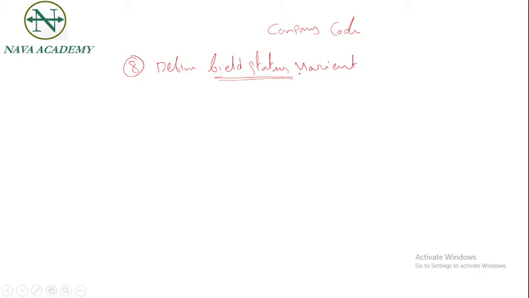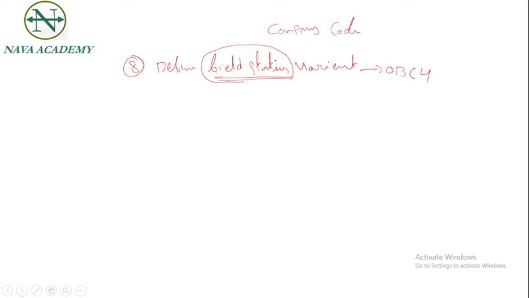Whatever fields you want at the time of postings, create all those fields available here. So we define the field status variant. T code OBC4.